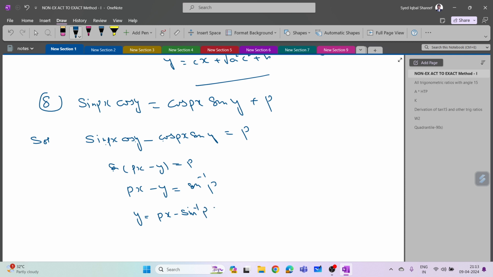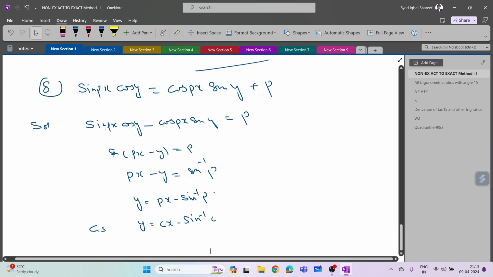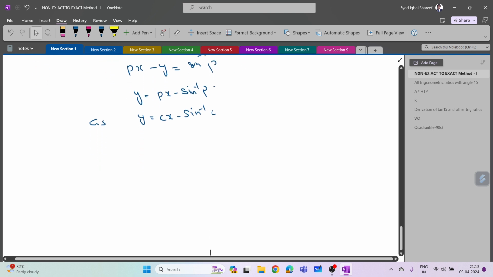Now it is in the standard form. So the general solution is p = c, y = cx − sin⁻¹c, the general solution of Clairaut's equation. So we have done trigonometry also.